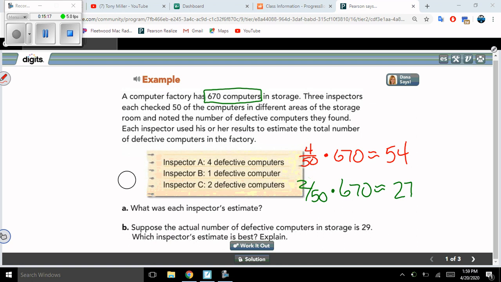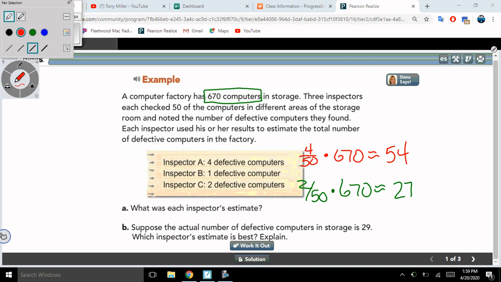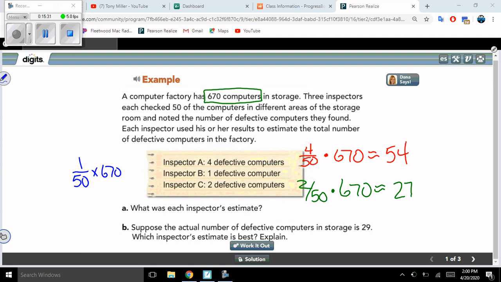If I took 1/50th times 670, 1 ABC 50 times 670, I get 13 and 2/5. We'll call that approximately 13.